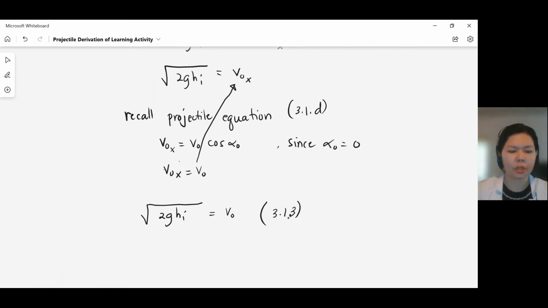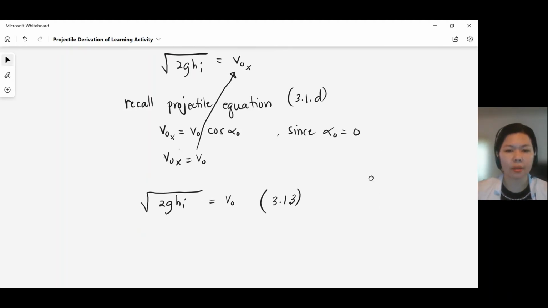Now our objective in this learning activity is to get the distance XF experimentally. From one of the projectile equations of motion, equation 3.5, we have the expression of XF.